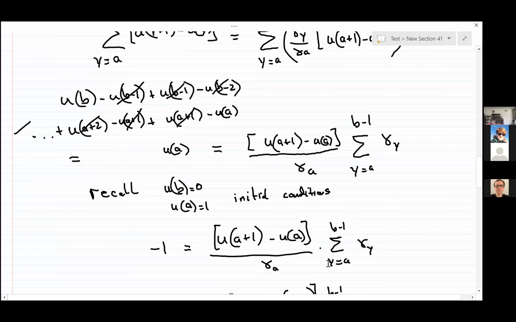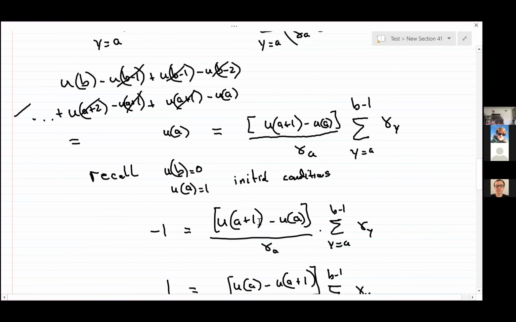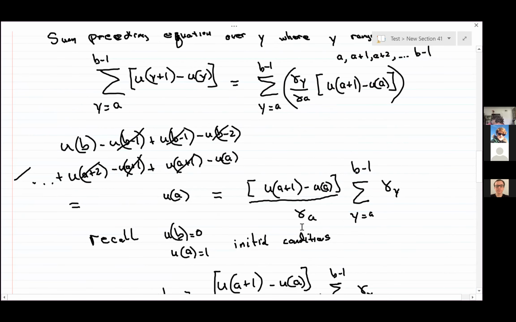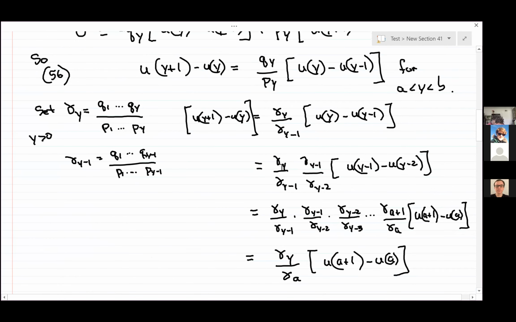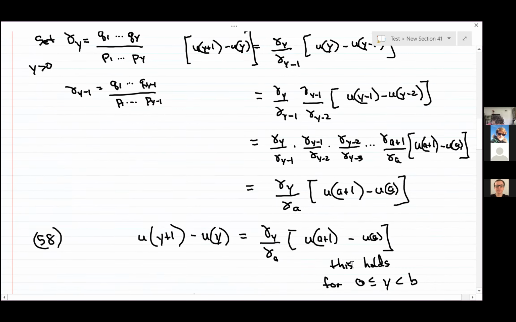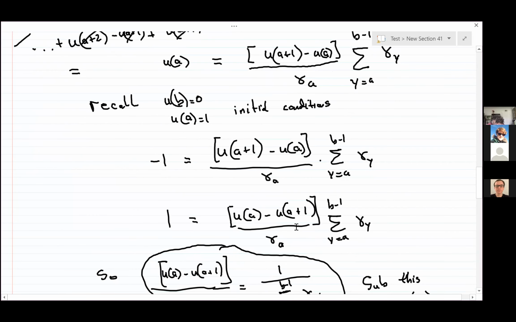So that gives you this sort of key relationship between getting the difference between u(A+1) and u(A). Once you get the difference between u(A+1) and u(A), then you use this to get the general difference. So you're able to get a hold of this particular difference in terms of constants that are known right here.